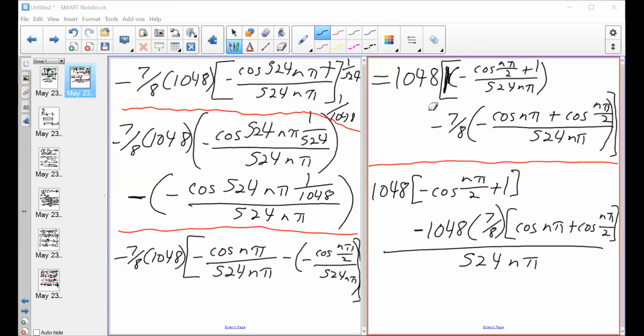Okay, so I'm going to just clear up the distribution there. Before I actually distribute this 1048, I'm going to make this into a positive because it's going to be negative, negative, so this is going to be a positive. Then, let me just erase that and show you what I'm talking about.